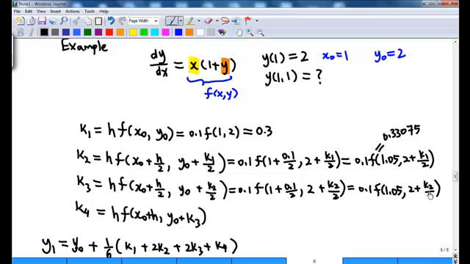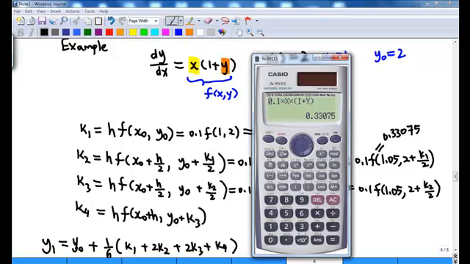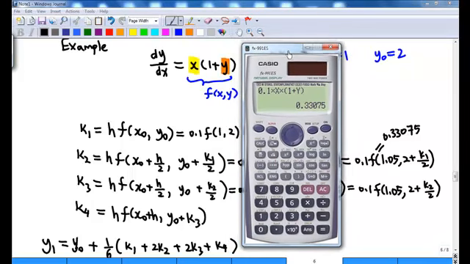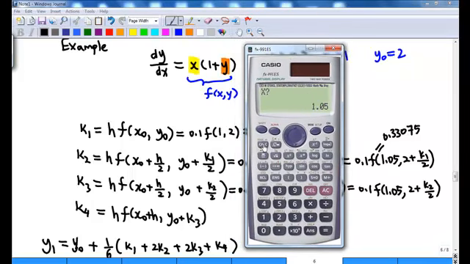So let's call my calculator again. I'm going to keep the same function, and this time I just press calculate. As usual, what is the value of x? It is 1.05, so you type 1.05, equal. What's the value of y now? It is 2 plus K2.